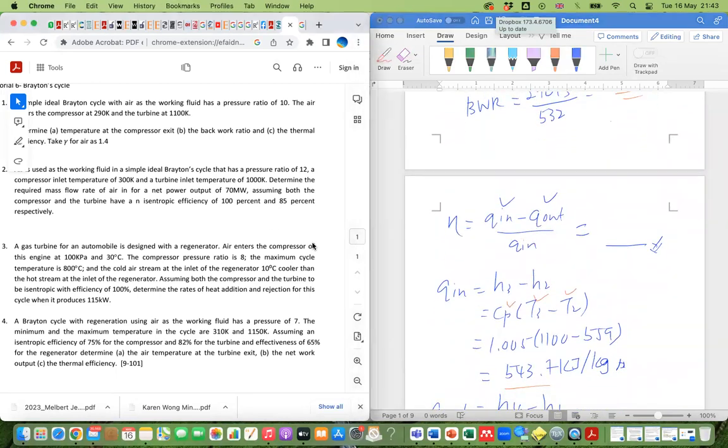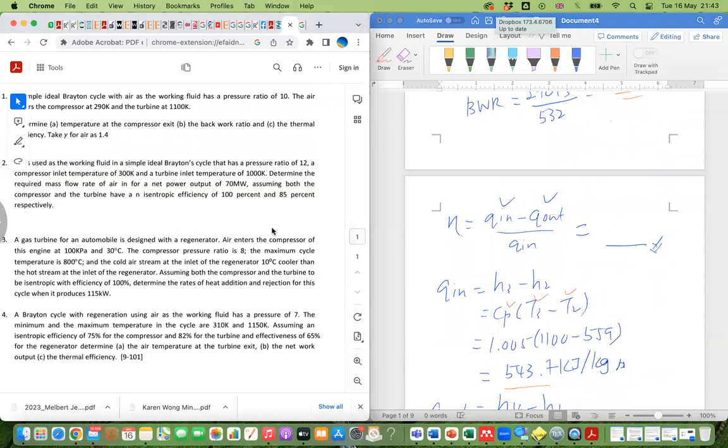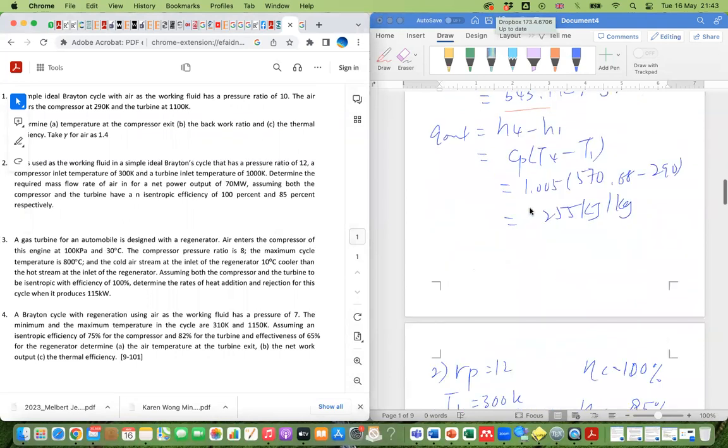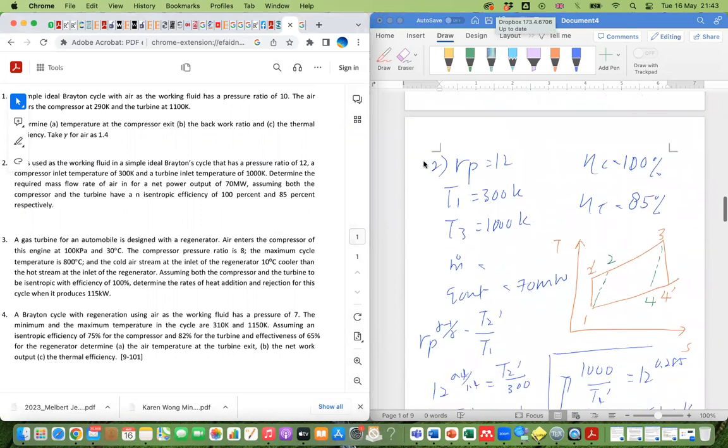So next we go to question number 2. Air is used as the working fluid in a simple ideal Brayton cycle that has a pressure ratio of 12. Quickly we can extract rp is 12. The compressor inlet temperature is 300 and the turbine inlet temperature is 1000.